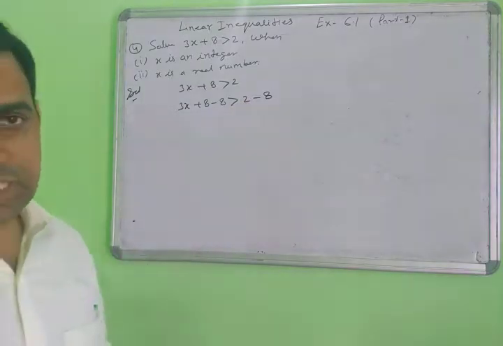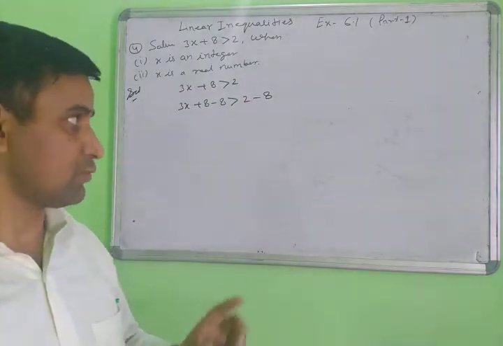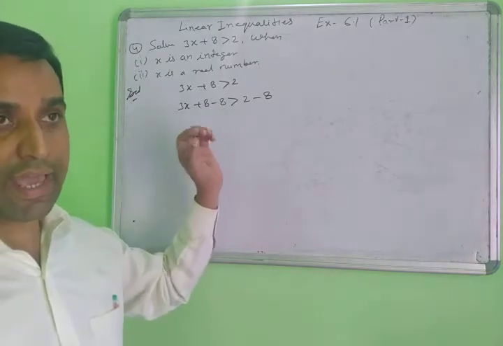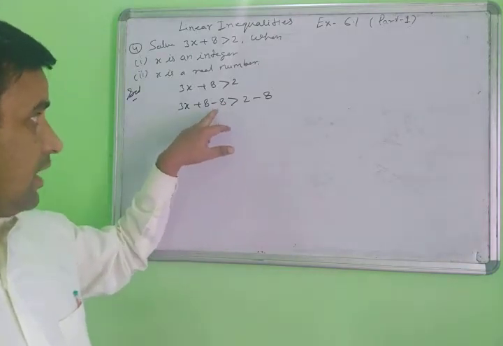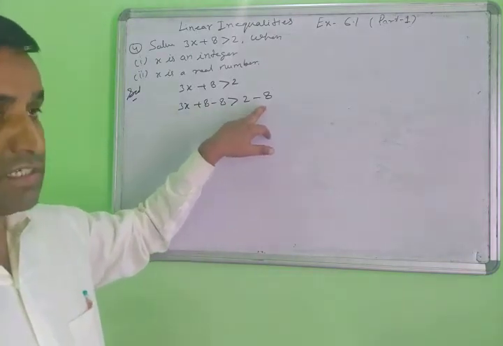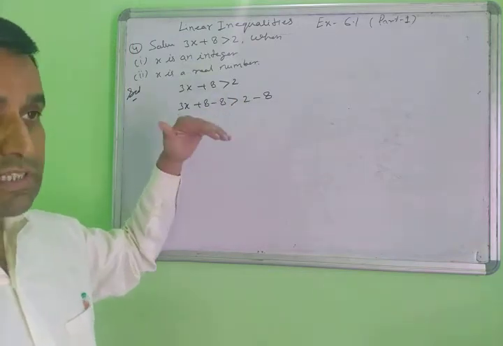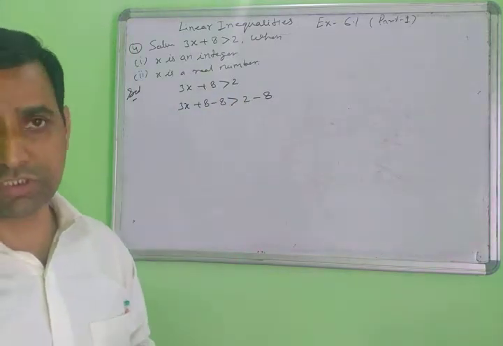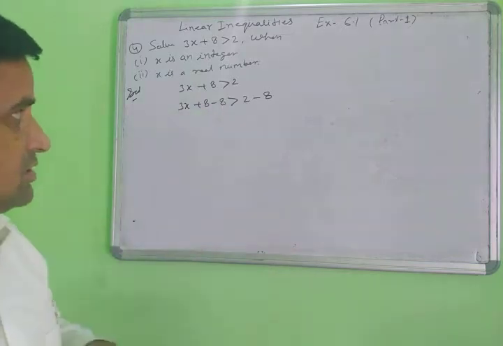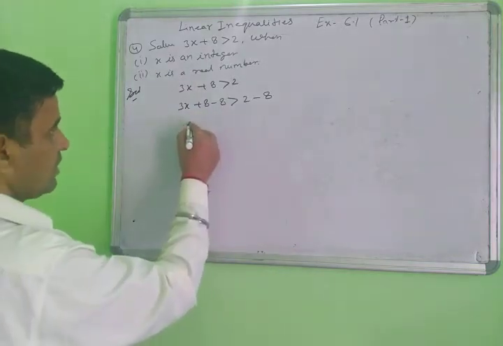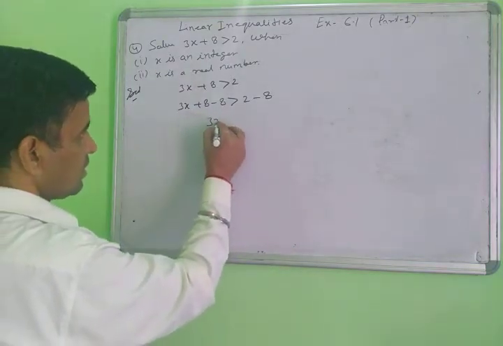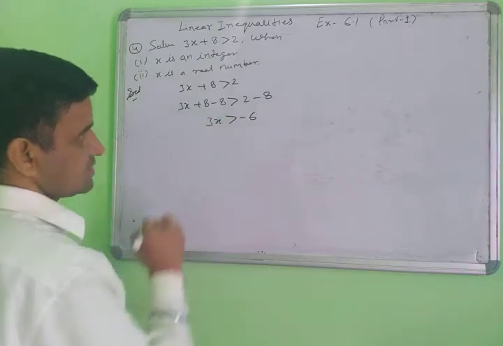Rule number one: when you add or subtract any integers, the sign of the inequality is not changed. The sign will not change. Then what is left here? 3x greater than minus 6.